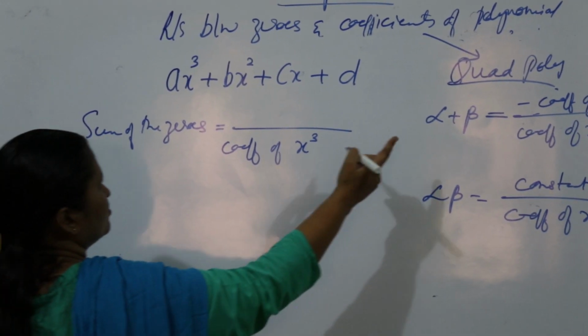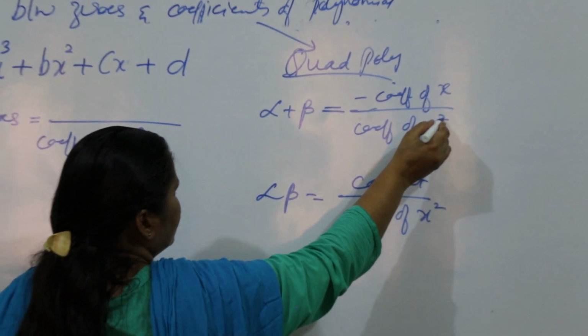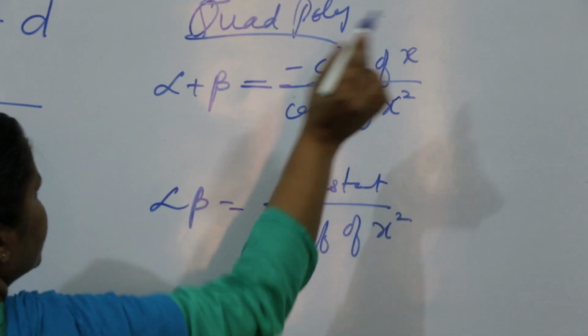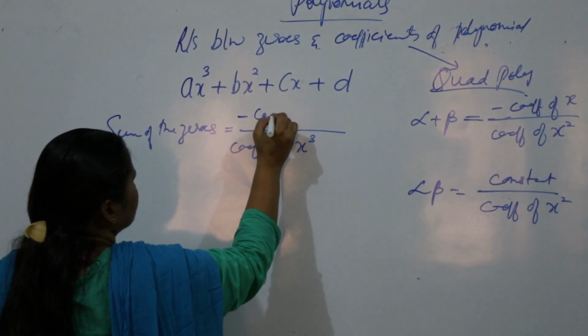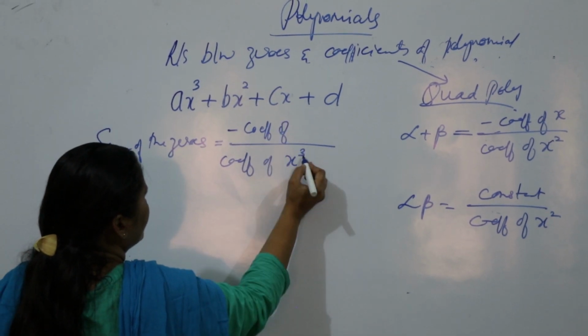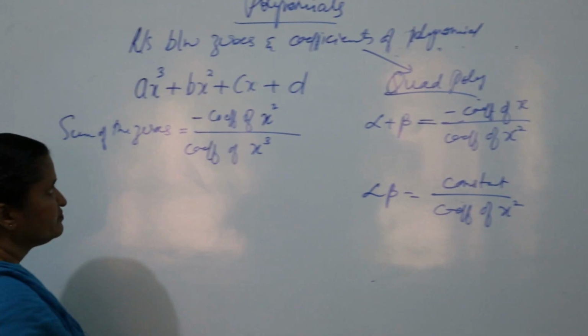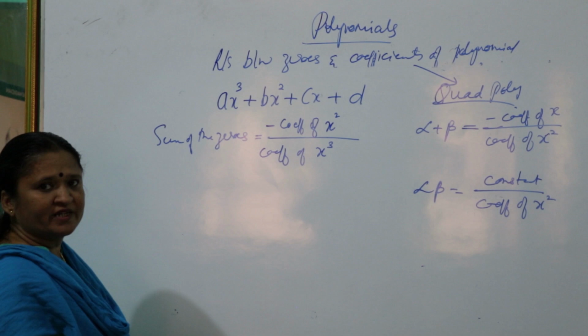And what is the sum of the zeros? Coefficient of, in descending order, if you go after x raised to 2, it is x raised to 1. So here it should be minus coefficient of, what is it after x raised to 3? x raised to 2. Right? Coefficient of x square. Right?